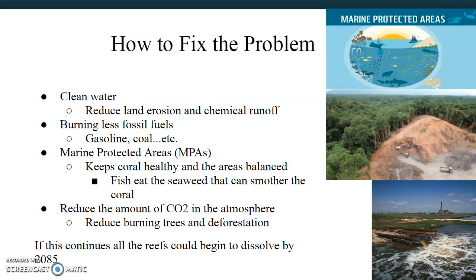So just stopping those two things alone would help reduce the amount of coral bleaching. But basically, if the way things are going currently continue to happen, all of our reefs could be gone by 2085 is when their predicted number is. So yeah, hopefully we can figure this out and put a stop to it.